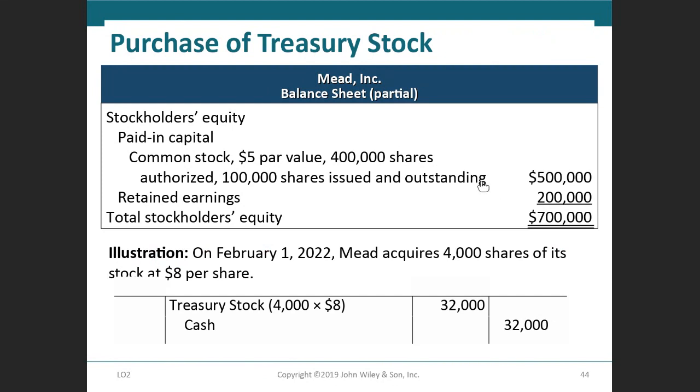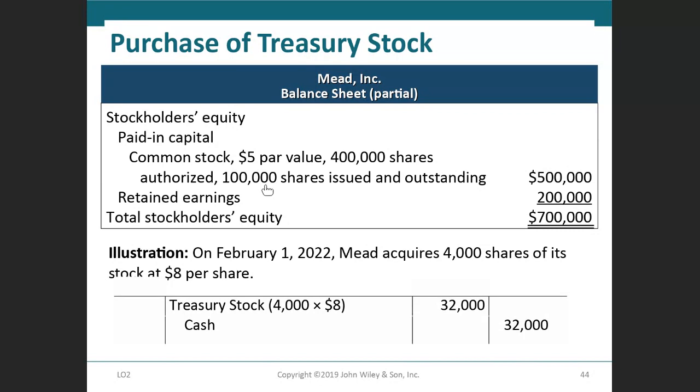Okay. So what happens? You understand 400,000 shares are authorized, meaning the company can issue 400,000 shares maximum. This is authorized when the company is formed at the beginning. Okay. What happened? The company sold 100,000 shares for $5 each.